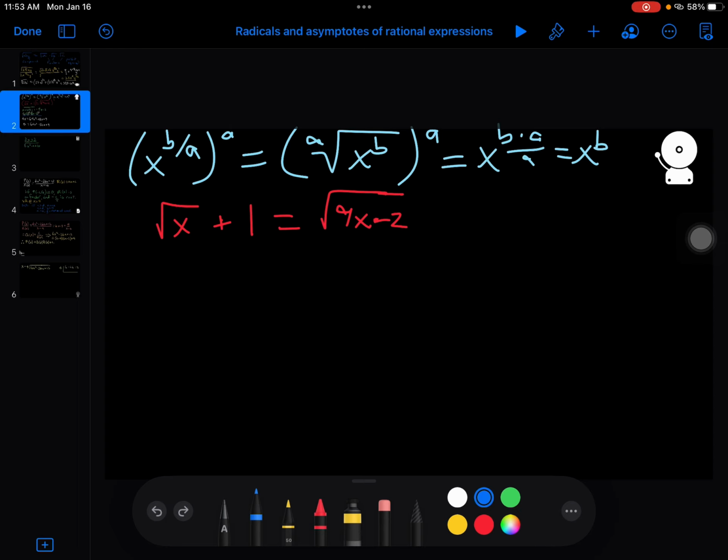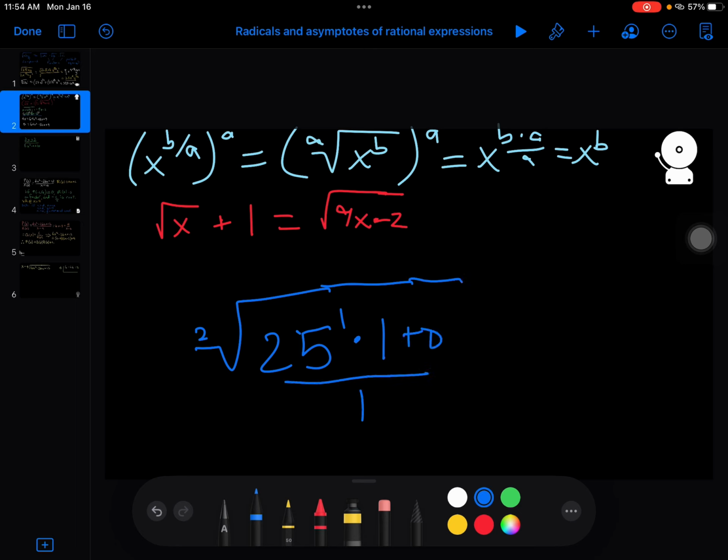Same holds for any number with any root. If we raise a root to that same power, then what we're left with is what's inside that radical. And a lot of times that b is just going to be 1, and so you won't see anything. So like if I had the square root of 25 to the first power times 1 plus 0 all over 1, a lot of these things we just don't need to write, because they go on to infinity with all of these numbers.